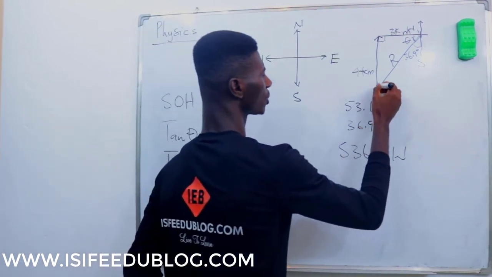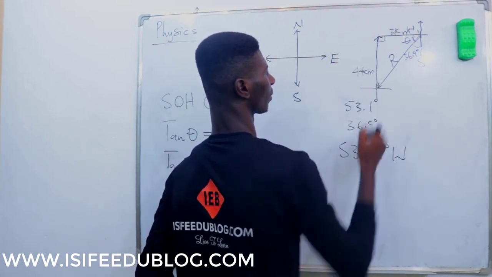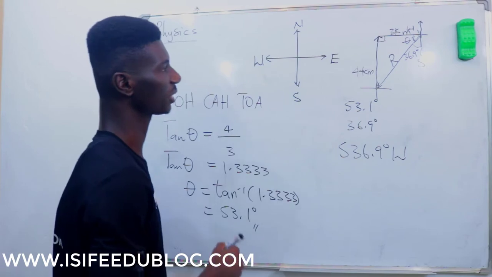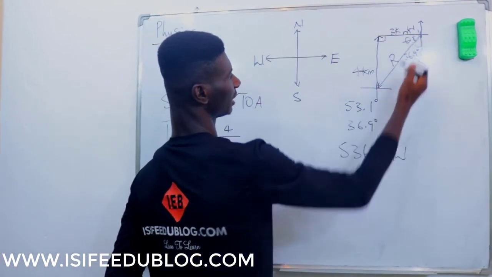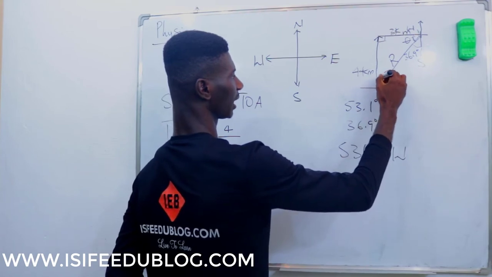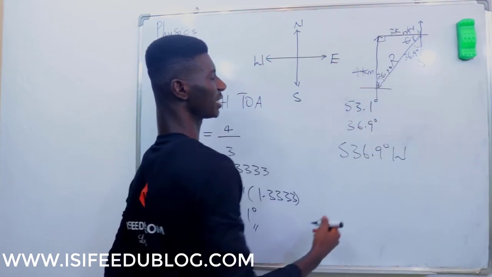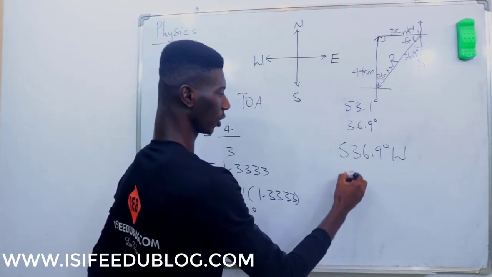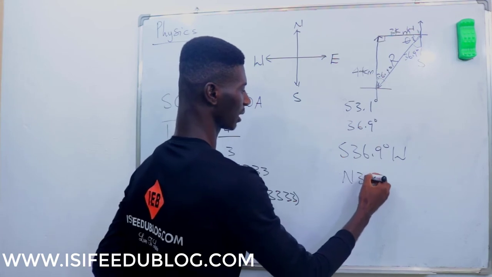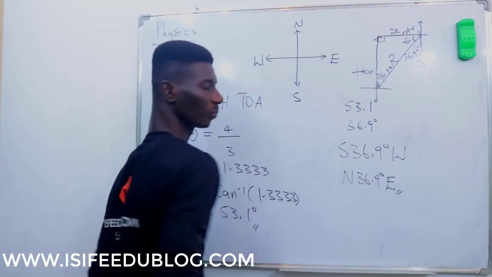But if you are making use of this, now, if this direction is this, that means that here becomes 36.9 degrees. In this case, the direction of this is now north 36.9 degrees east.